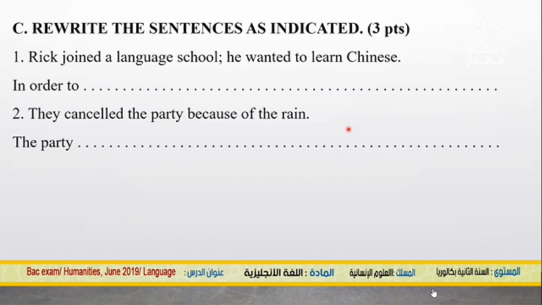And we have here two sentences. Number one, Rick joined a language school. He wanted to learn Chinese. Number two, they cancelled the party because of the rain. The party.